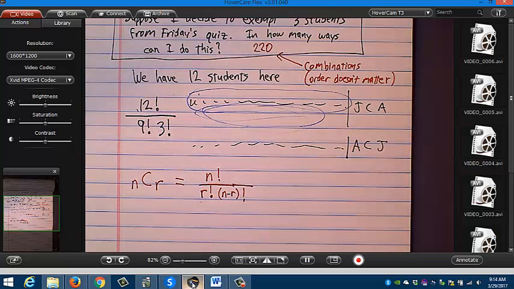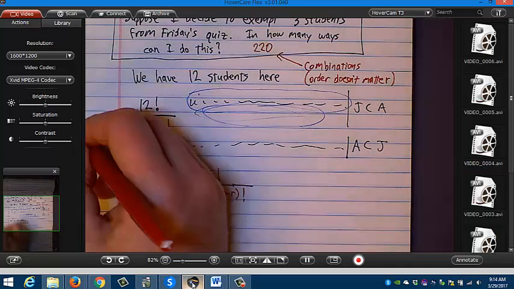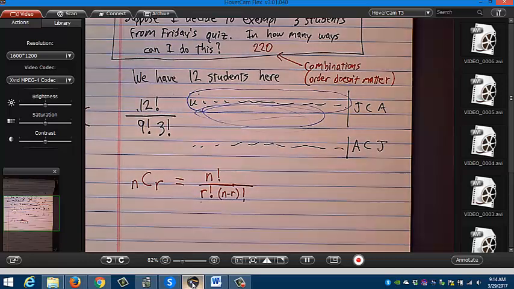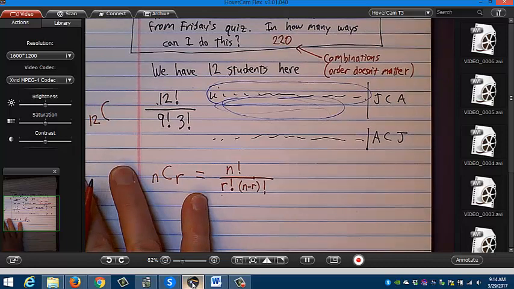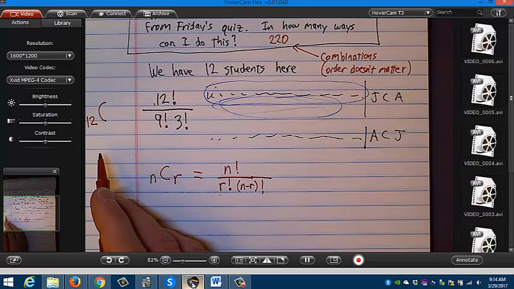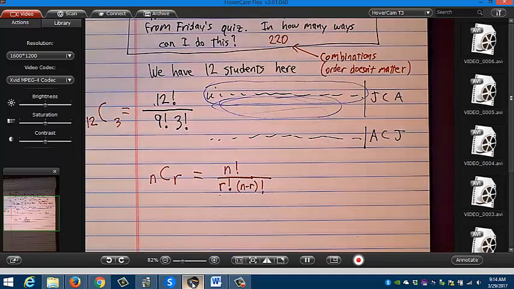Okay? And so this would be 12, choose how many? How many are we choosing? Out of the 12, how many did I choose to be exempt? 3. And so we computed that was 220, right?